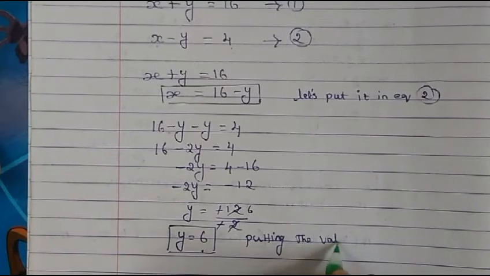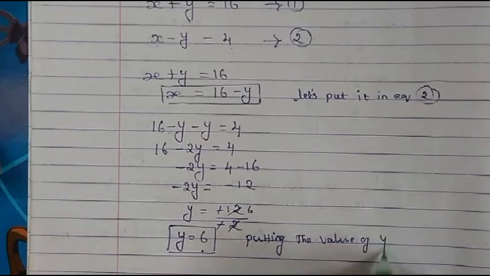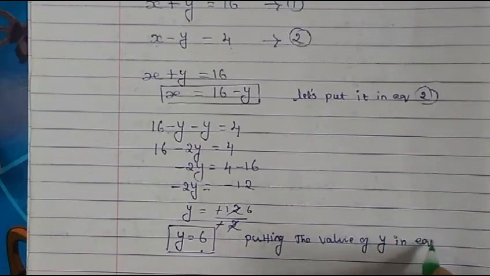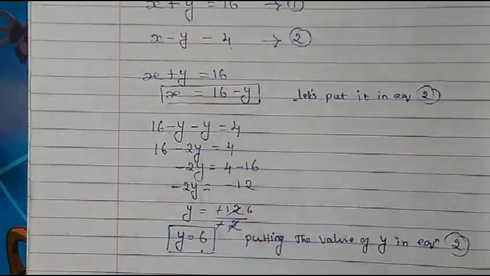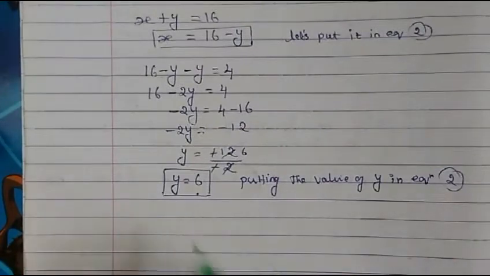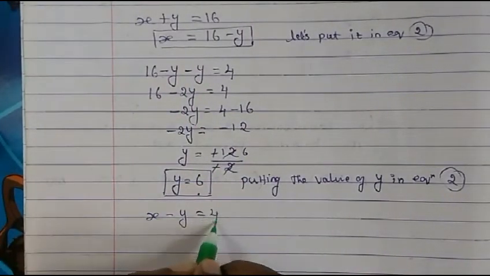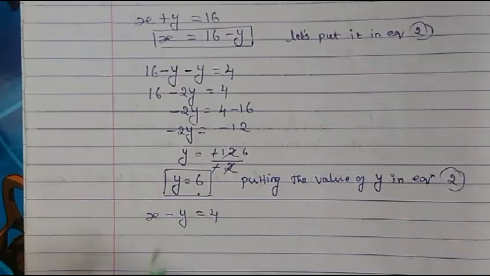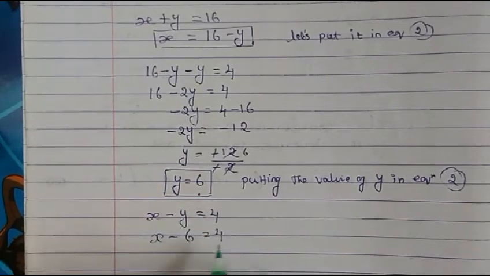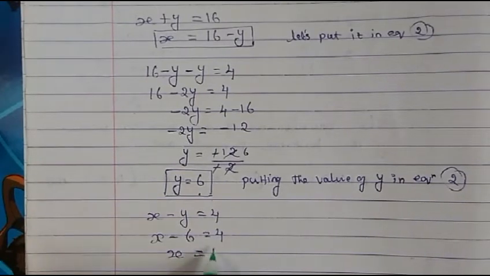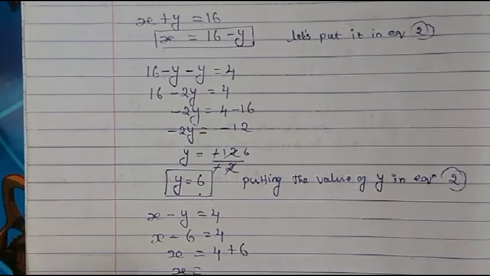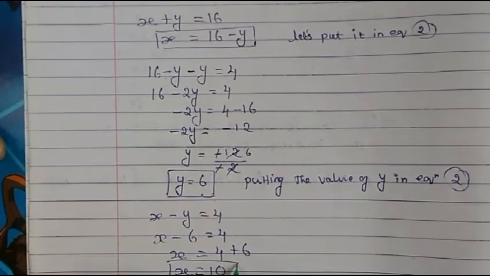Either 1 or 2, it's the same. Equation 2 is x minus y equal to 4. The y value is 6, so x minus 6 equal to 4. Now x equal to, minus 6 comes here as plus 6, so x equal to 10.